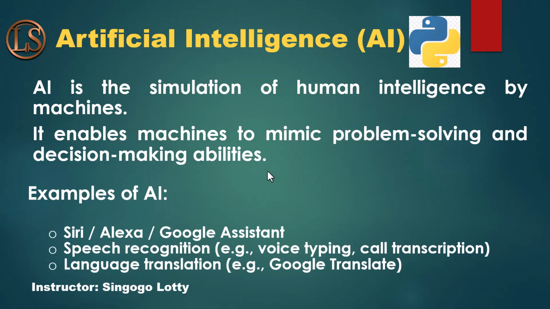If you are here and you are interested in learning programming, I want to believe you've interacted with some of these AIs. You've heard of Siri, Alexa, Google Assistant, speech recognition, language translation. I believe you may have at least had an interaction with any of these. It's all Python at work.